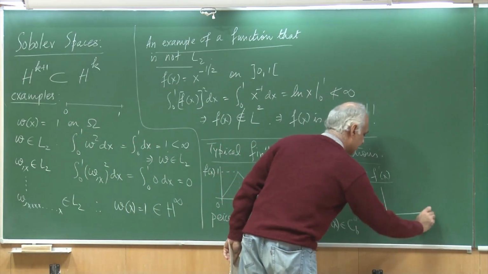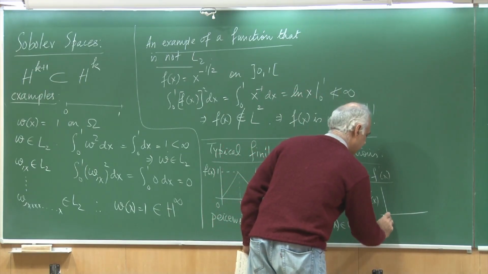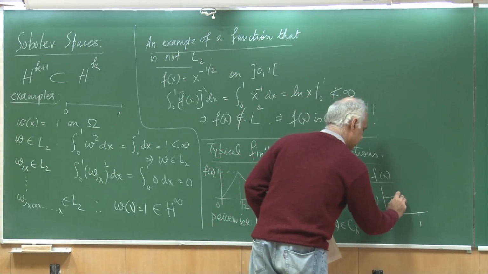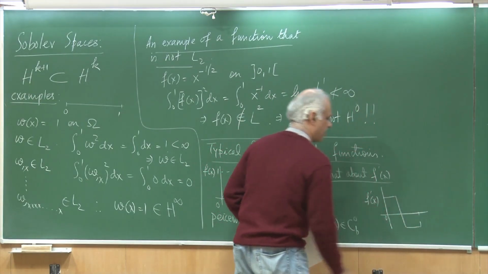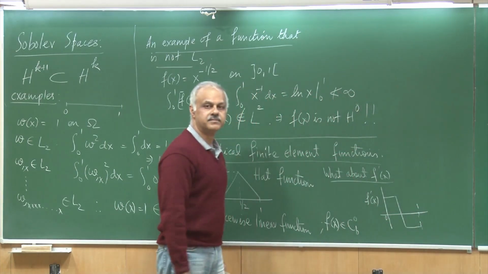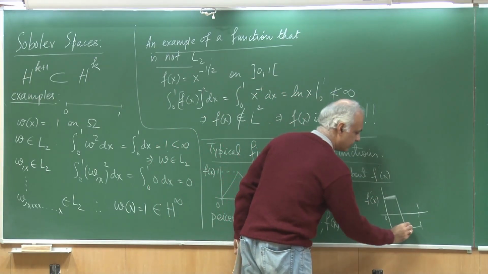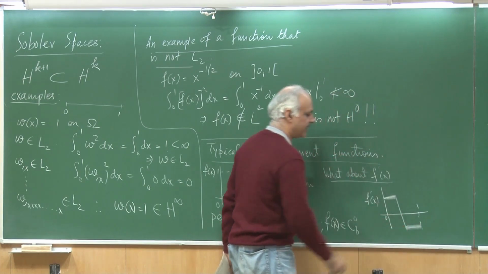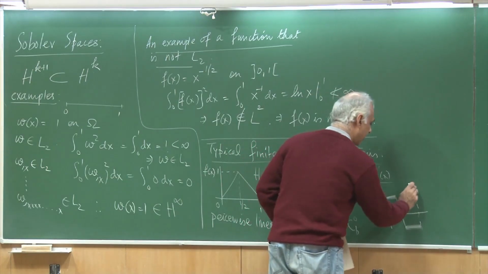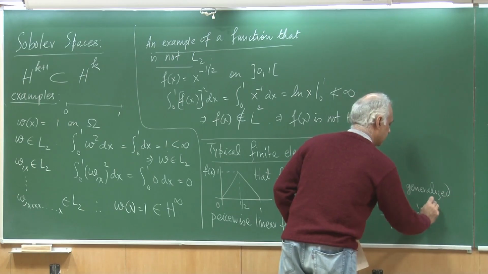So f prime x, between 0 and 1, would look something like this. It has a positive value and a negative value and a discontinuity in between at x equal to half. So this is an example of a generalized step function.